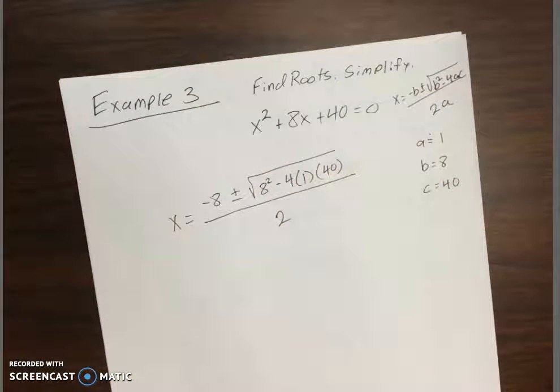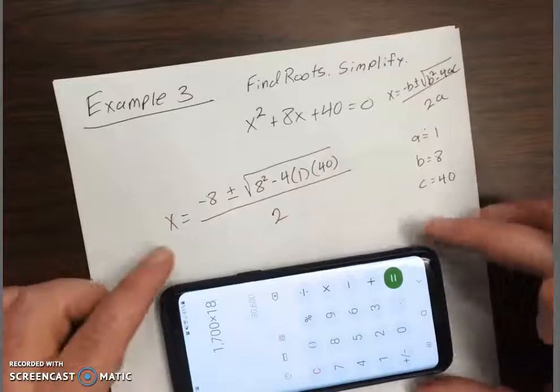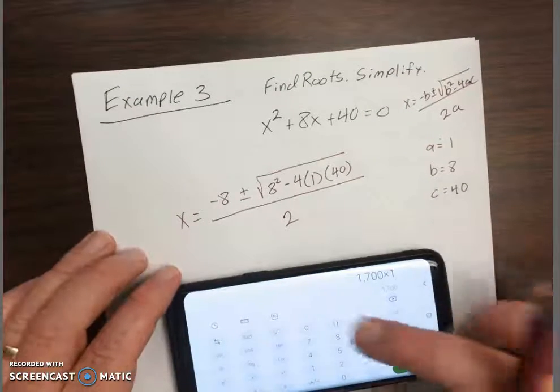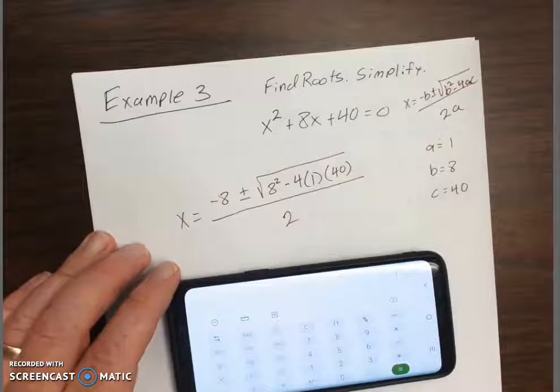Alright, so again, I may need to use a calculator this time. If you're at home and you don't have a calculator, then you probably have a cell phone. If you have a cell phone, then you should be able to use that.